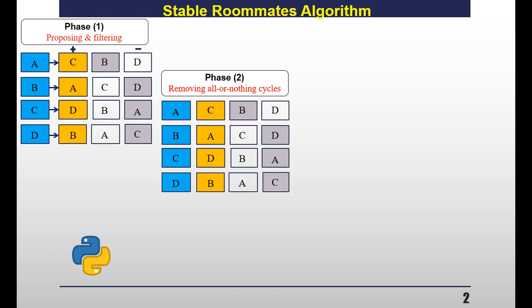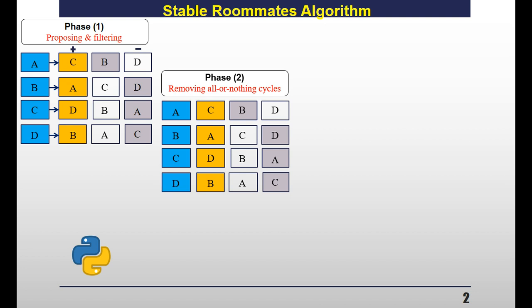The next phase is called removing all or nothing cycles. In this step, we reject symmetrically the users in every preference list behind the proposals. So we check every user. Check user A in his own preference list. We can reject D, and we reject symmetrically.